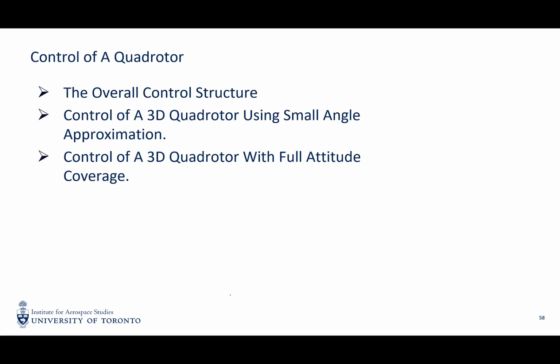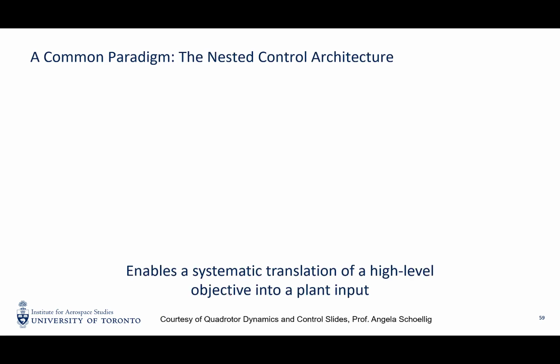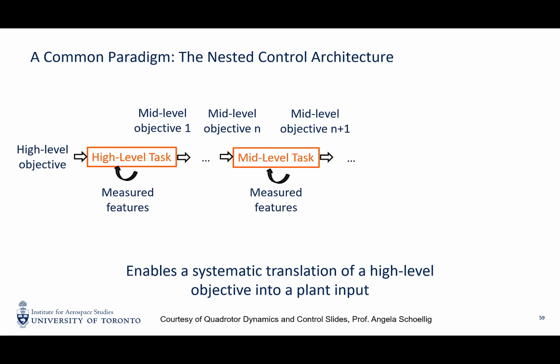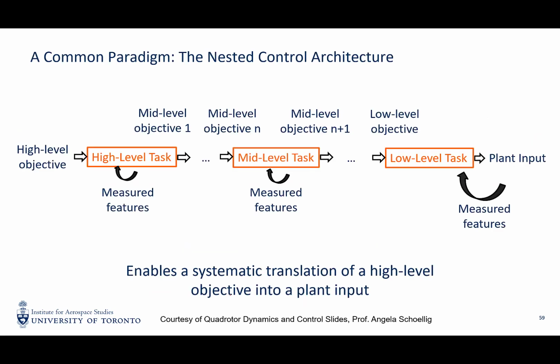The final part is how we control the quadrotor based on all the control methodologies we have already learned. The key idea is that for control of the quadrotor, we follow a common paradigm called the nested control architecture.